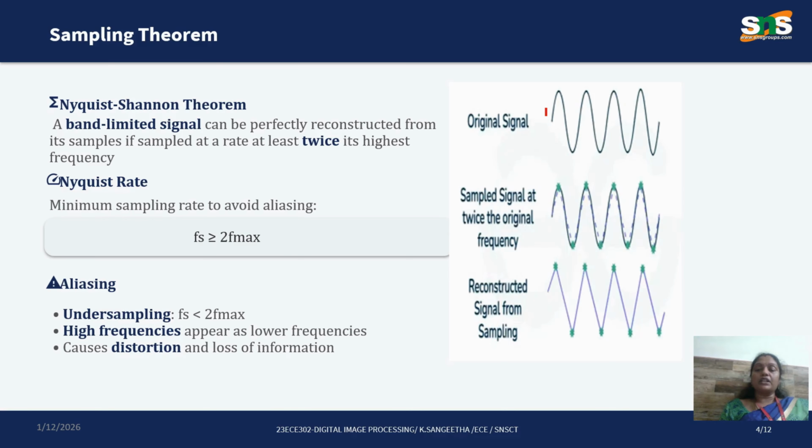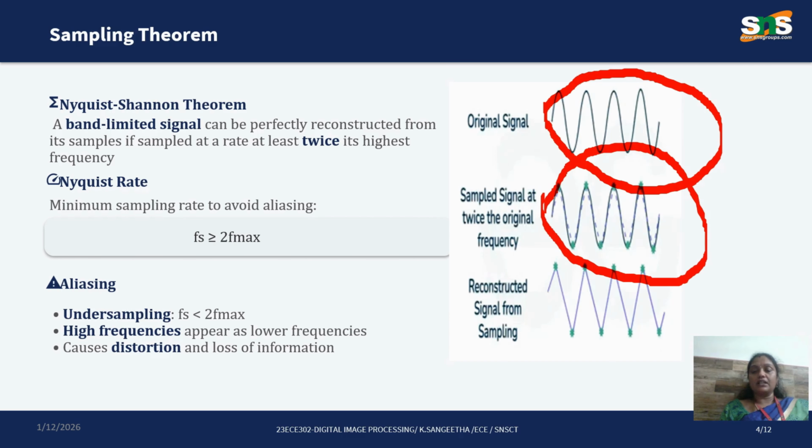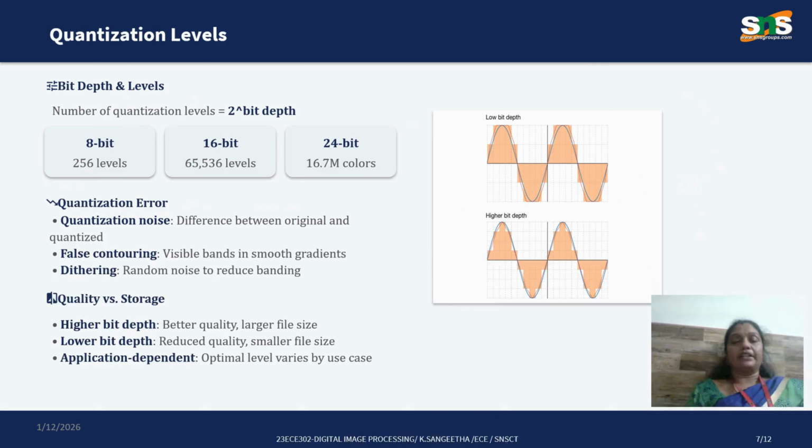This is the original signal, and the sample rate is at twice the original signal frequency, so that we can correctly reconstruct the image. Undersampling means Fs less than 2f max, where higher frequencies appear as lower frequencies. It causes distortion and loss of information. So we should follow the Nyquist-Shannon theorem.